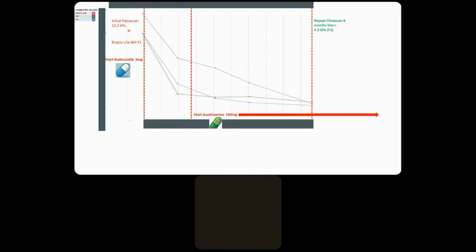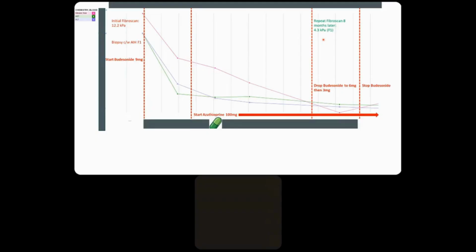So a follow-up FibroScan after normalization of her liver enzymes indeed confirmed the F1 fibrosis, which was detected on the pretreatment liver biopsy. Her budesonide was subsequently reduced and stopped, and the patient's liver enzymes remain normal at 2-year follow-up on azathioprine monotherapy. So this is a very classic case of treated autoimmune hepatitis.